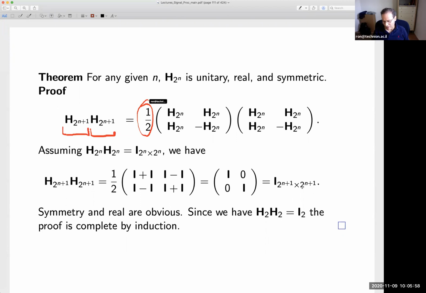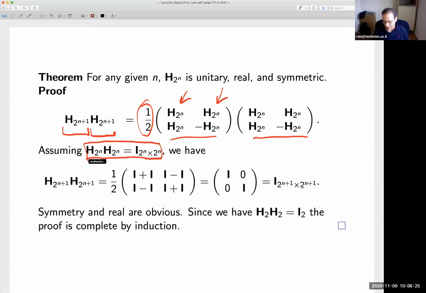Now I have the relation between this one and the previous one given like that. So this would be the first one, and this would be the second one. Now remember that we assume by the induction step that for H 2 to the power of n, I have unitarity. So this is my induction assumption.